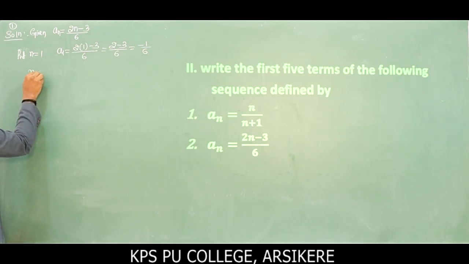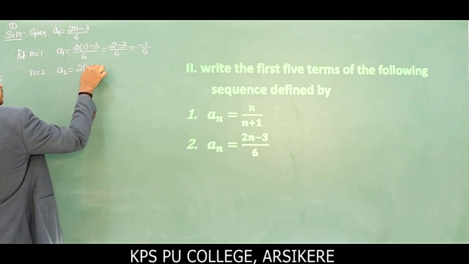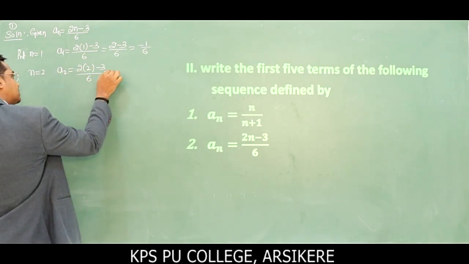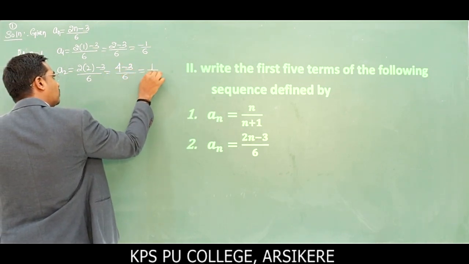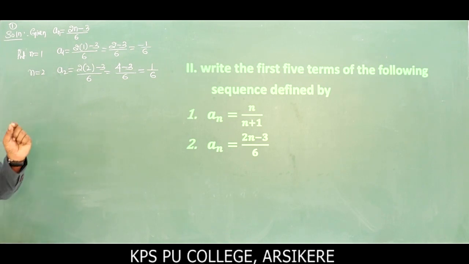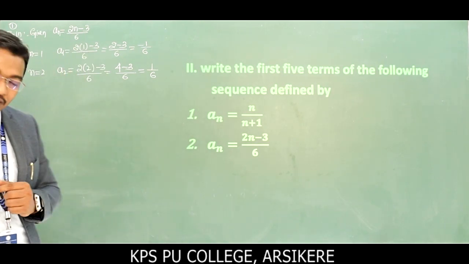Similarly, put n is equal to 2. Second term, a2 is equal to 2 into 2 minus 3 divided by 6. 4 minus 3 divided by 6, we get 1 by 6. First term is minus 1 by 6, second term is plus 1 divided by 6.